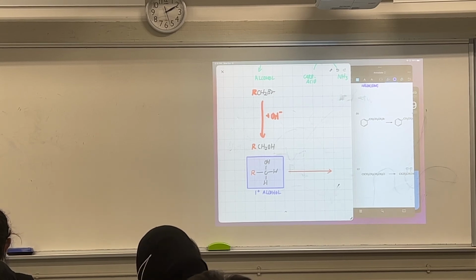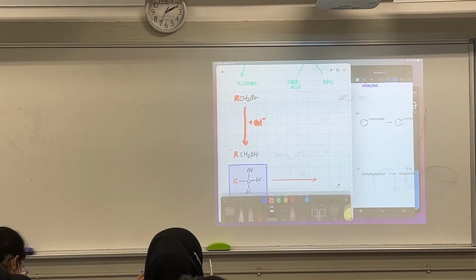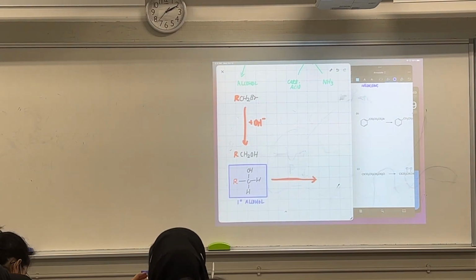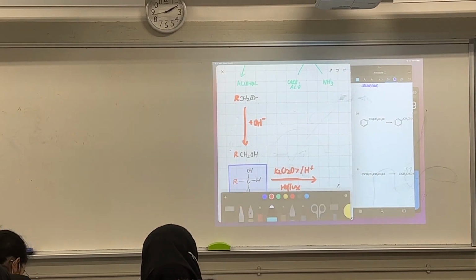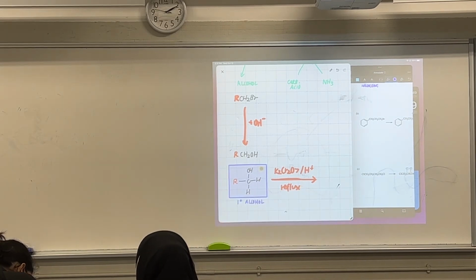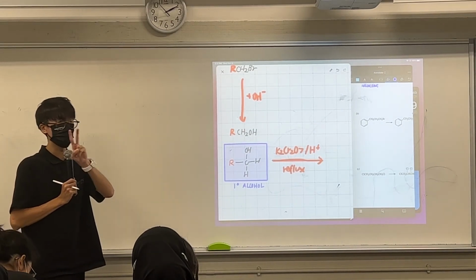And what's the condition if you want to get to the terminal immediately? Is it distillation or reflux? Reflux. Remember, reflux is like a fast track ticket to your destination. So you will do reflux and write down K2Cr2O7/H+. Now, I want to see if you remember what we need to do to convert an alcohol into an aldehyde and then a carboxylic acid. We are using two separate definitions of oxidation.